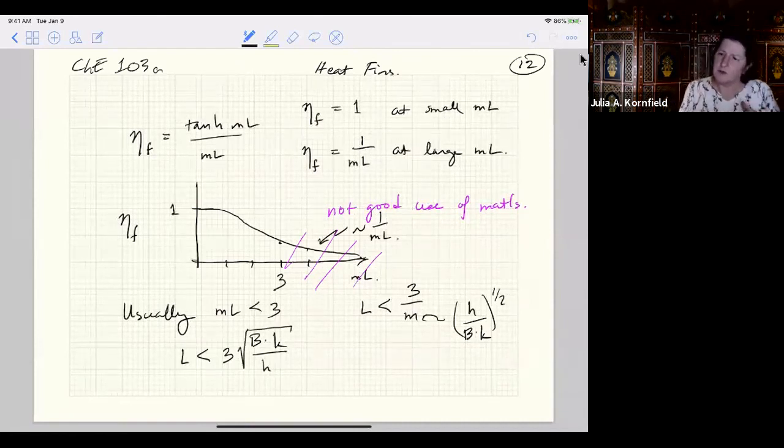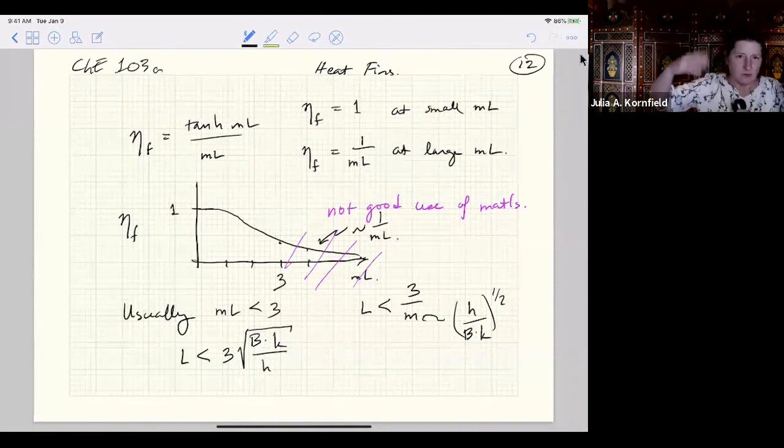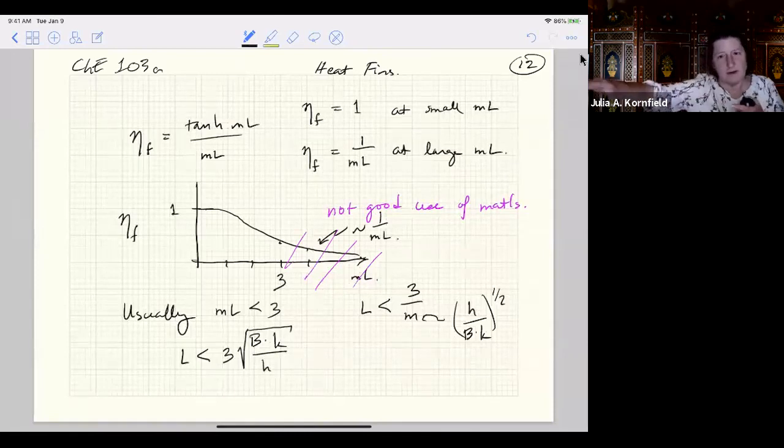So if the heat transfer coefficient is really abysmally small, then it makes sense to have a relatively longer fin. You'll be getting benefit out of it because the heat transfer coefficient is so low, the temperature is staying hot out into the fin, so you are getting the benefit of the fin.